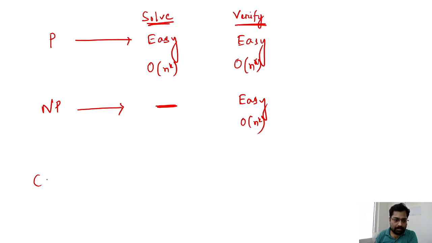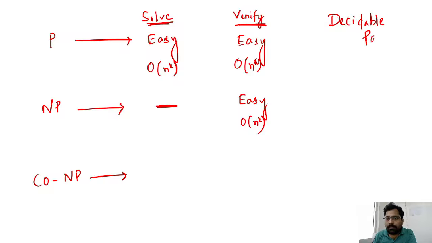Whenever I introduce co-NP, the problem arises. What are the problems? For NP and co-NP, suppose you take an example. This is a part of decidable problems.